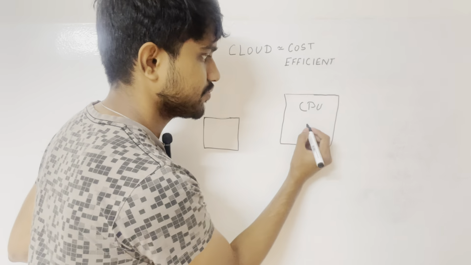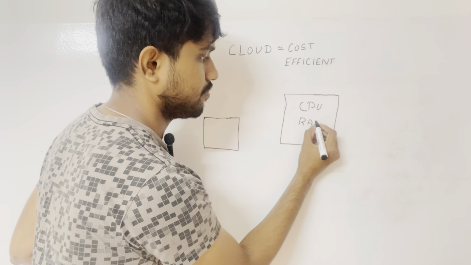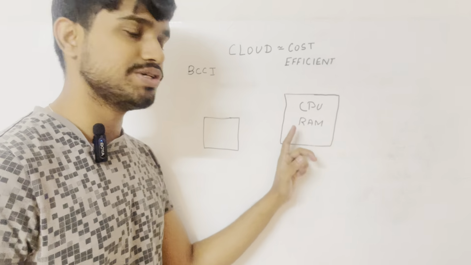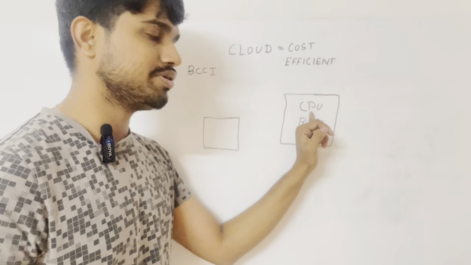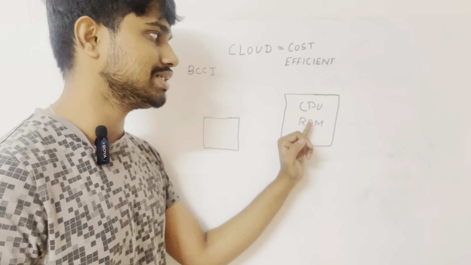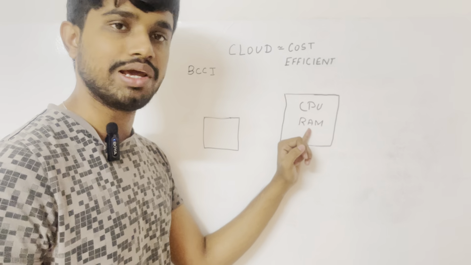And then we have a RAM, right? So RAM is a storage which is only for the CPU. So whatever it is processing, for storing it so that it can process it fast, it uses the RAM. So this is what everyone looks for, right?